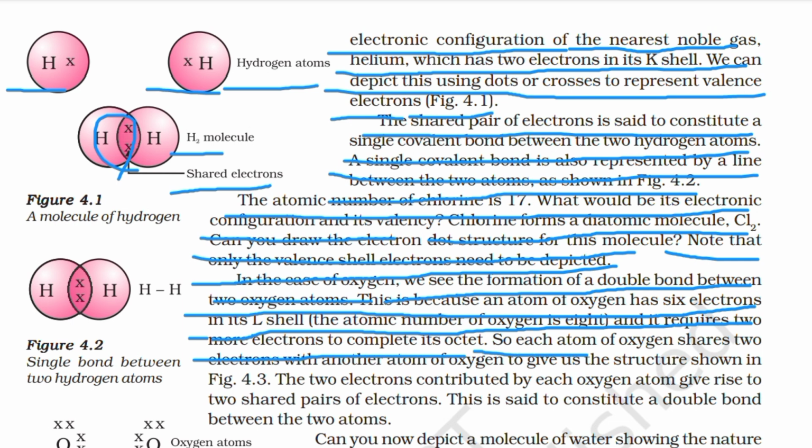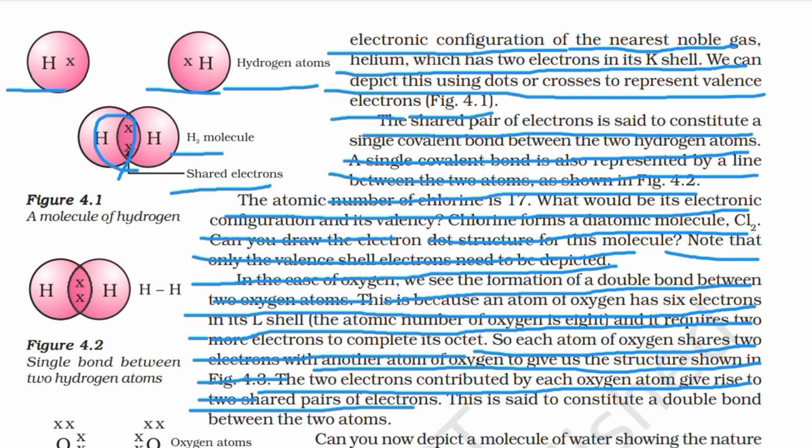So each atom of oxygen shares 2 electrons with another atom of oxygen to give us the structure shown in figure 4.3. The 2 electrons contributed by each oxygen atom give rise to 2 shared pairs of electrons. This is said to constitute a double bond between the two atoms.